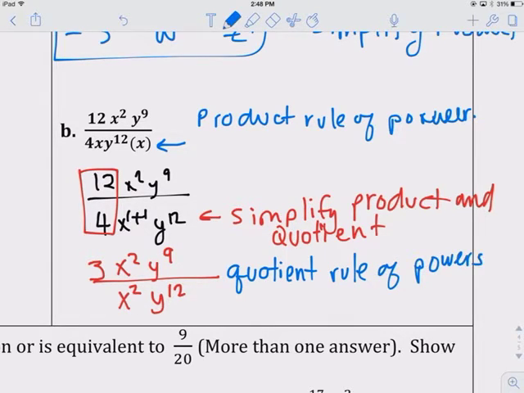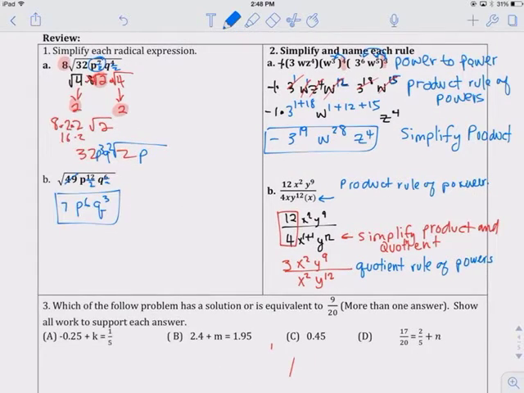Do you guys have enough room, or will you run out of room like I do? On this other side? Yeah. Okay, I'll do the same then. So then I get 3x to the 2 minus 2, right?